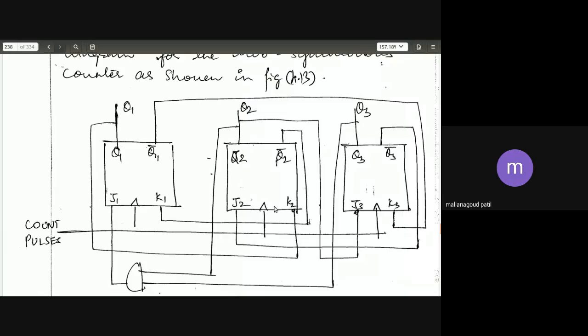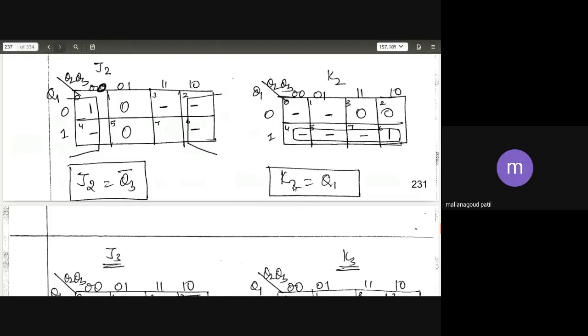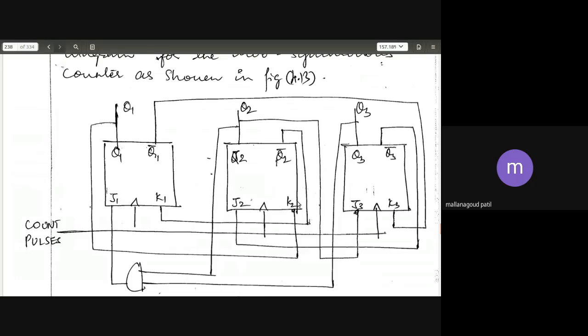Check here in the design. J2 line you can check it here, connected to Q3 bar. Then what is K2? Q1. K2 you can connect to Q1. See here, from here, Q1 is connected to K2.